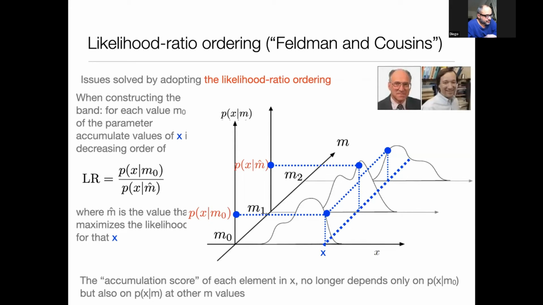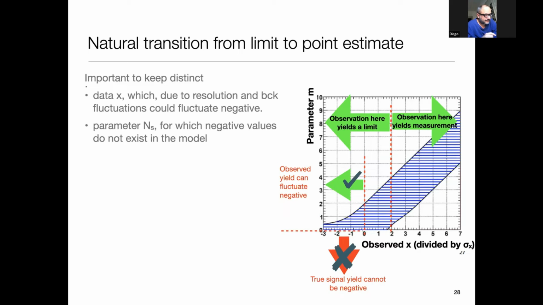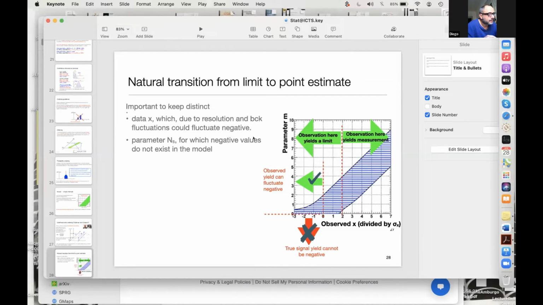So the accumulation score of each element in X, of each element in the data space, no longer depends only on the model for that piece of data at that value M0 of the true parameter, but also at other values of the true parameters, because I'm making a ratio.